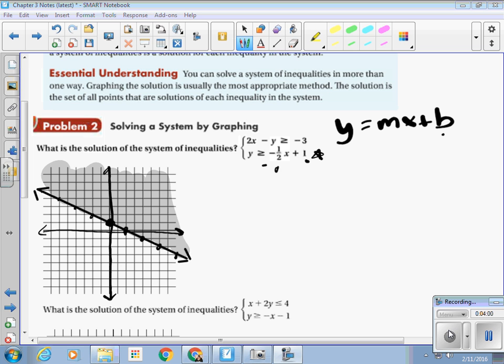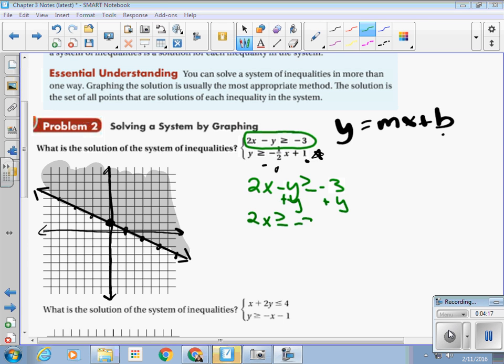All right, so for my next inequality, we've got 2x minus y greater than or equal to negative 3. I am going to add y to both sides, and add 3 to both sides.